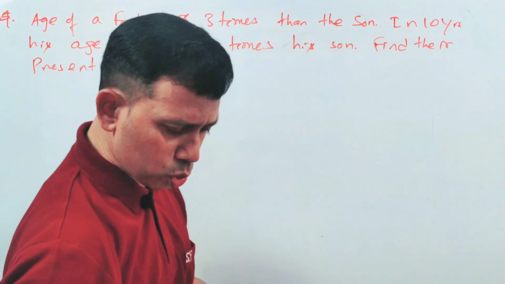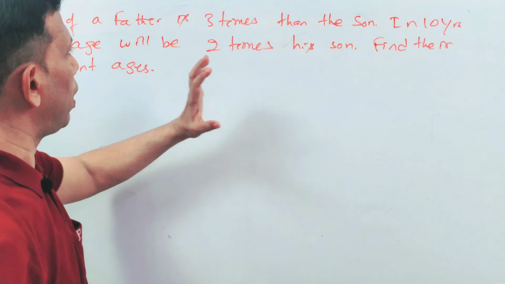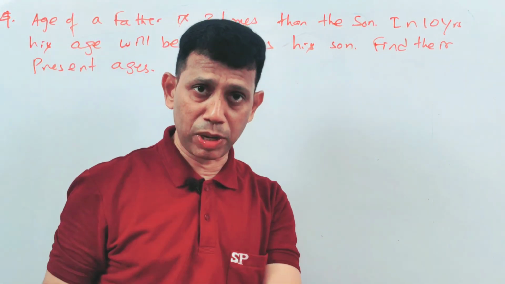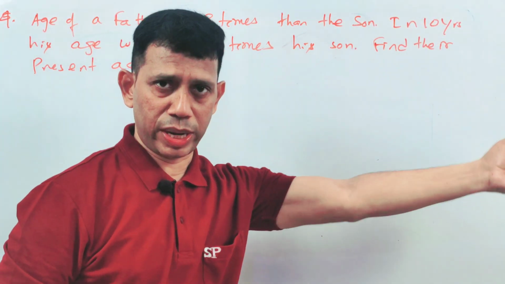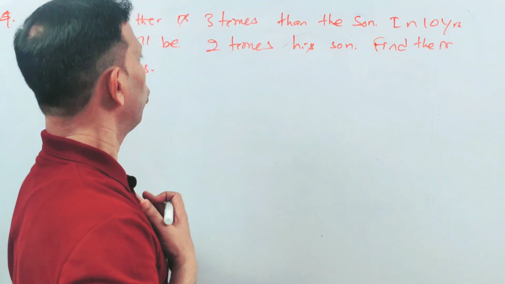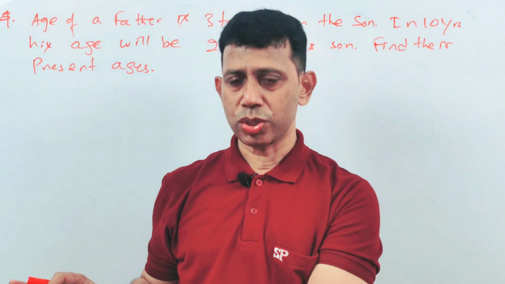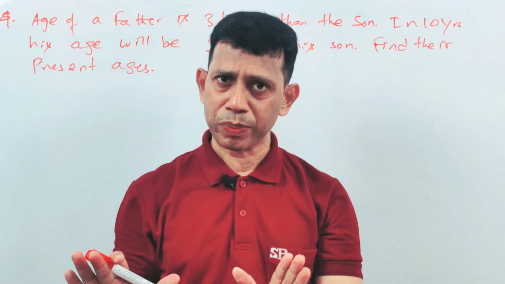So this is a beautiful question. You can relate to it yourself also. The age of a father is 3 times the age of a son at present. In 10 years, means after 10 years, right? After 10 years, his age, means father's age, will be 2 times his son. So at present and after 10 years, both situations have been given.